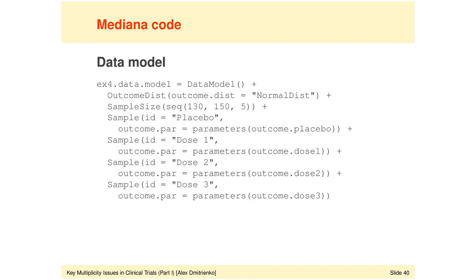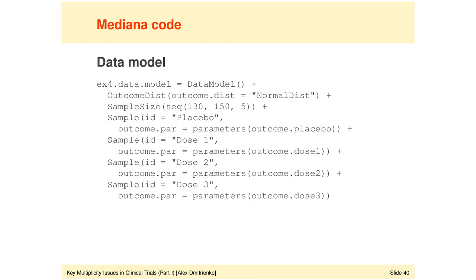And this common sample size, as you can see on the slide, ranges between 130 and 150. Specifically, the sequence function is going to generate the following values for the common sample size: 130, 135, 140, 145, and then 150.